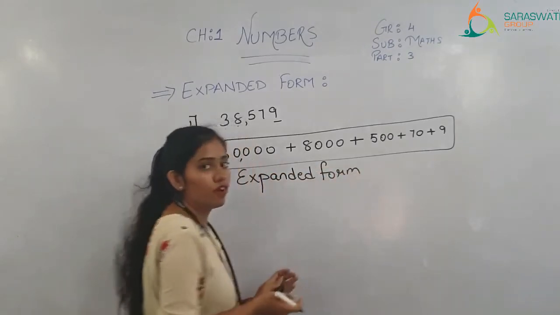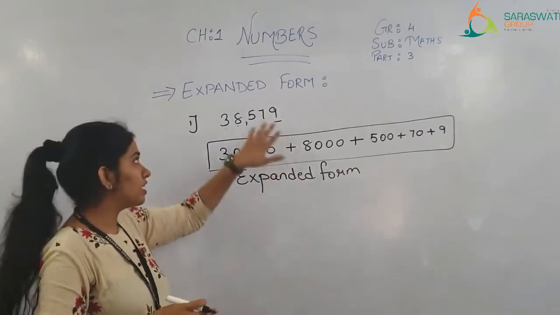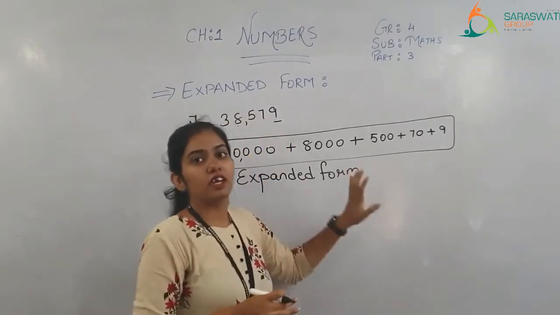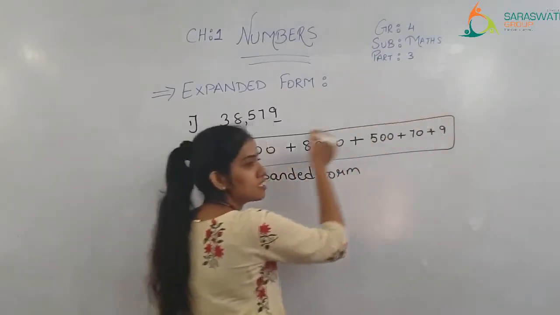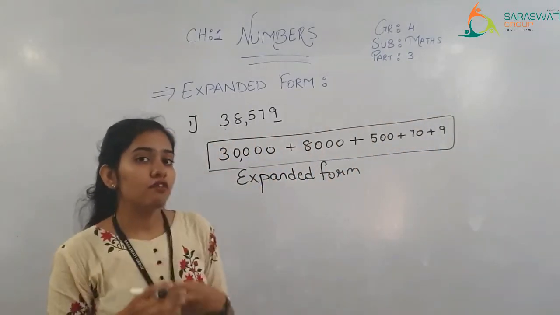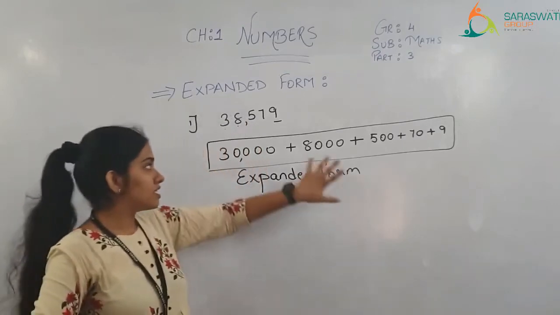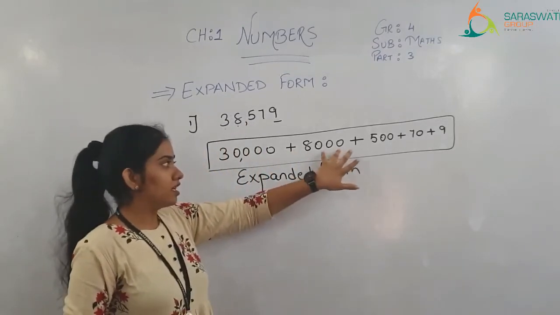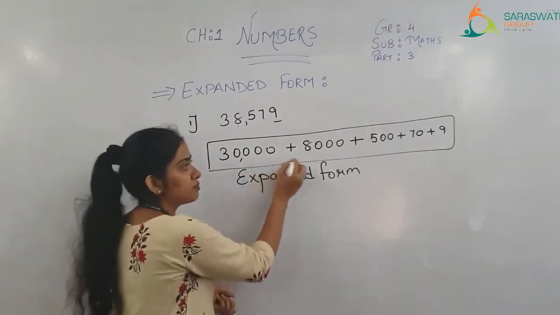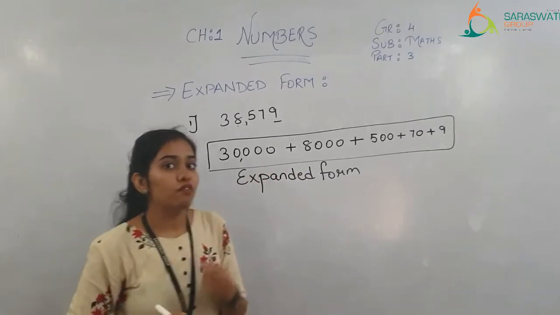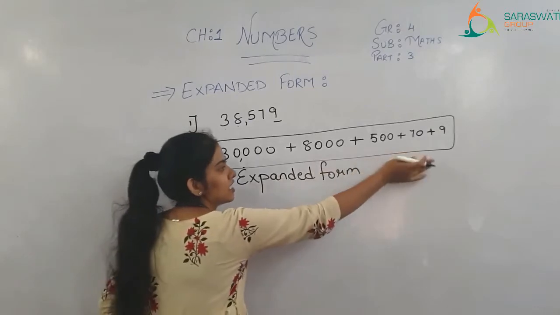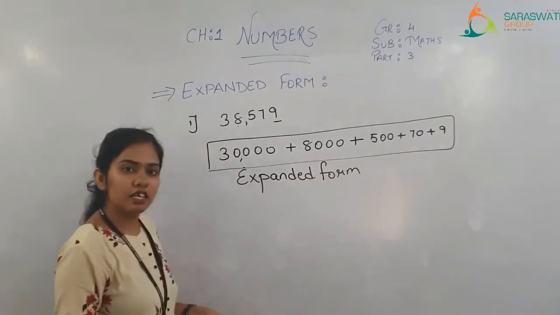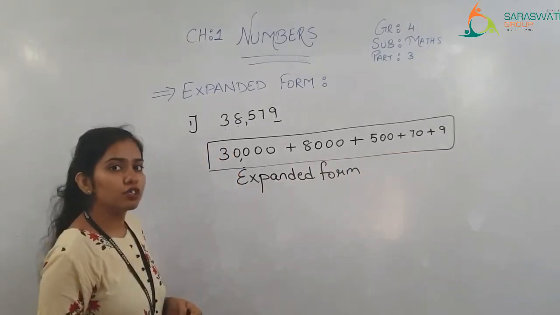So if I say that you have to write these values in an expanded form, then you are supposed to write like this way. Now if I say, what is the standard form of this value? Here I have given the expanded value. Now if I say you have to make this expanded form into a standard form, then how are you going to do that?